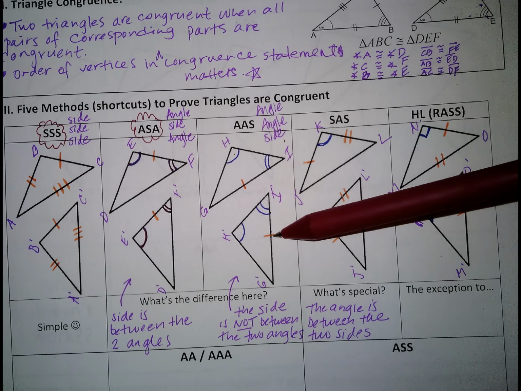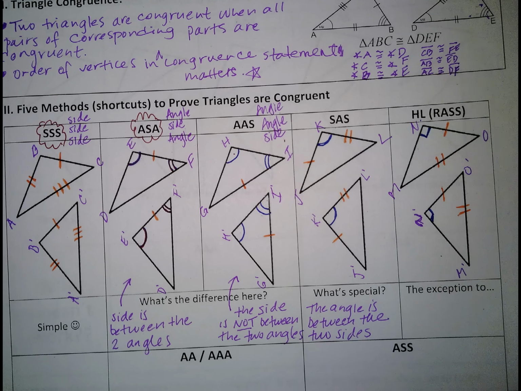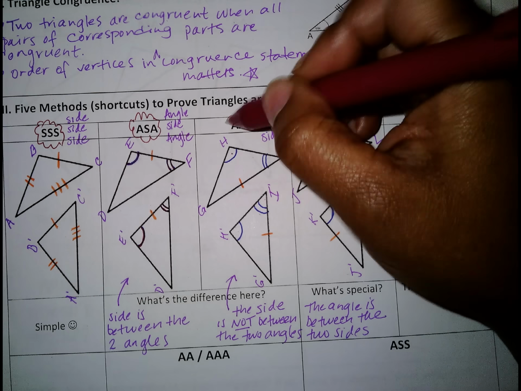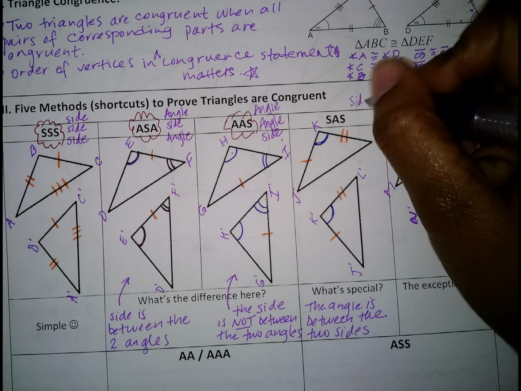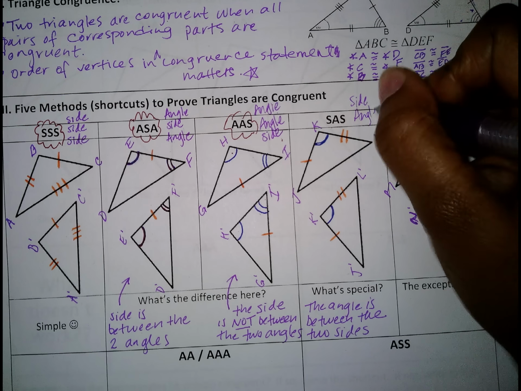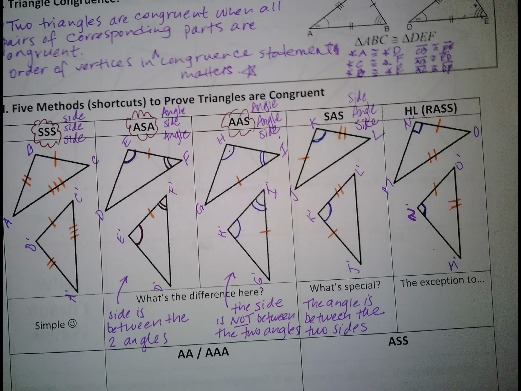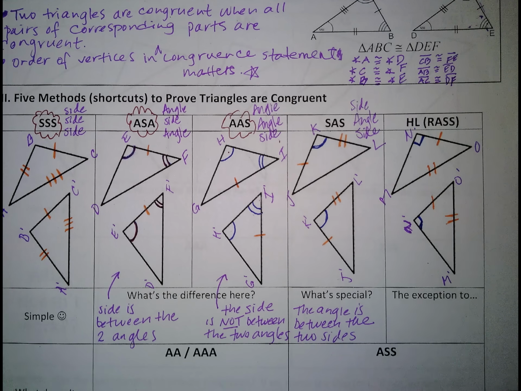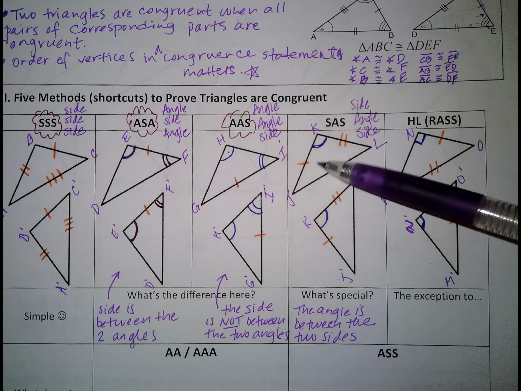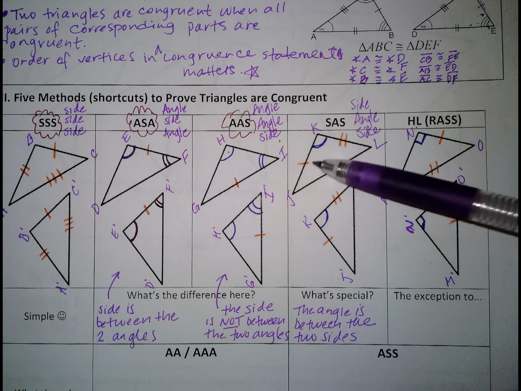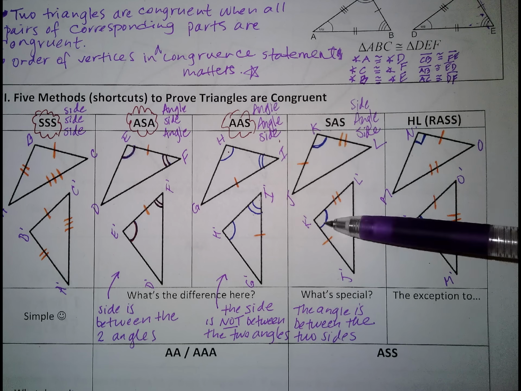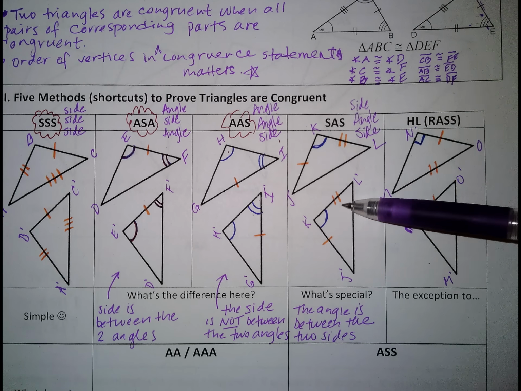All right? Then, side, angle, side. Side, angle, side is another way to prove triangles are congruent. What's special about this is the angle is between the two sides. So we have side, angle, then side.